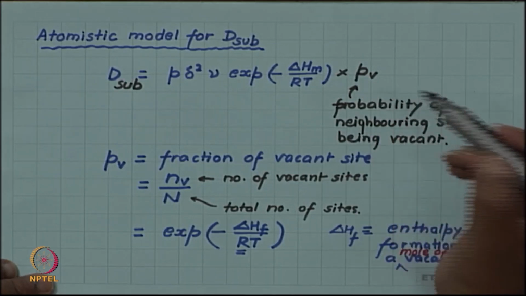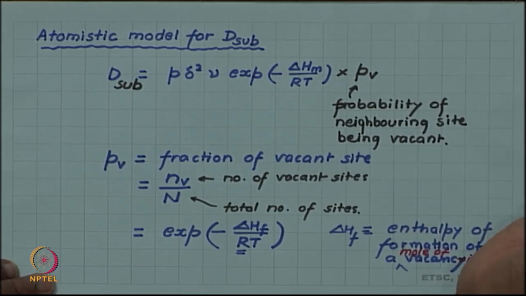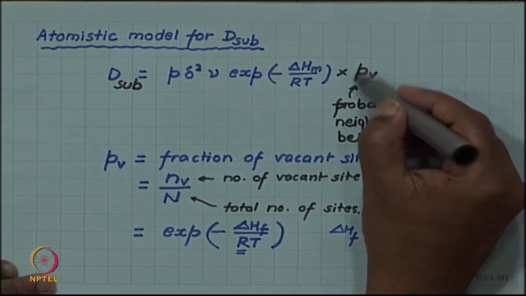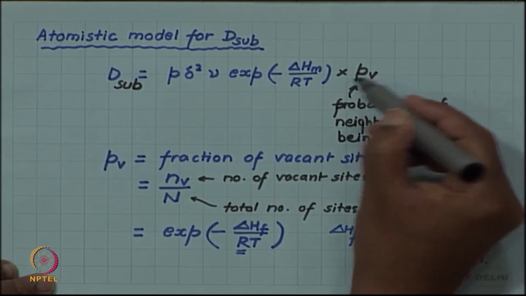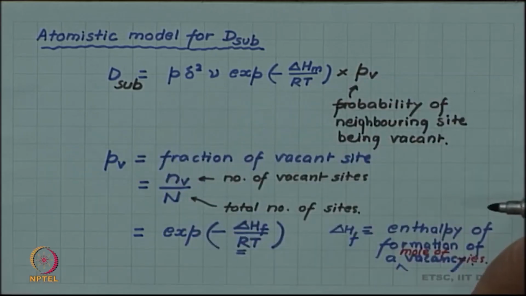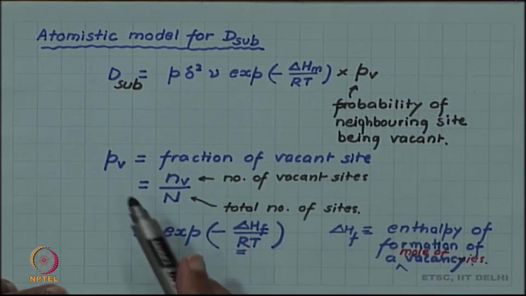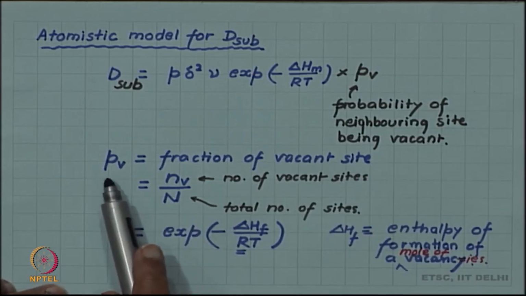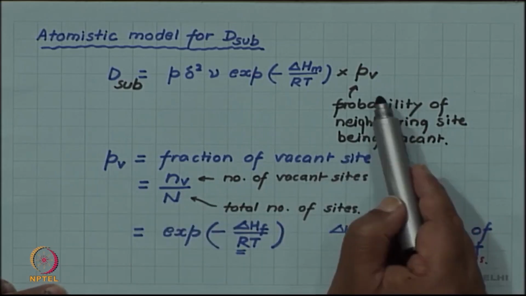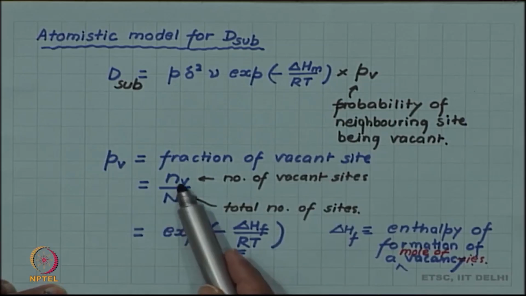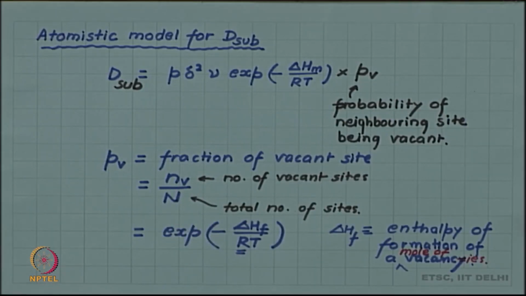But now since it is such a small number like 10 to the power minus 10 or so, we have to write this probability, and that will control the diffusivity of the material. This diffusivity will depend upon this probability, which is nothing but the fraction of vacant sites, which turns out to be simply exponential minus delta H f by R T.